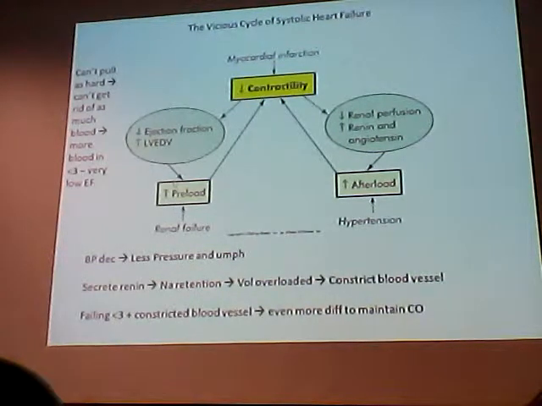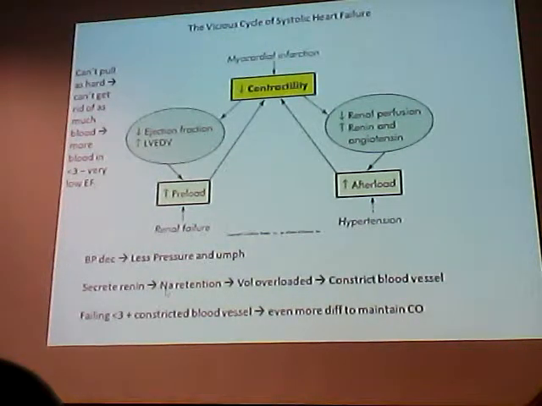And if more blood is left over, then it'll also feed back into the decreased contractility. On the other side, you can also affect your kidneys, because if you don't have good blood pressure, then the kidneys want to increase that by increasing renin and angiotensin.